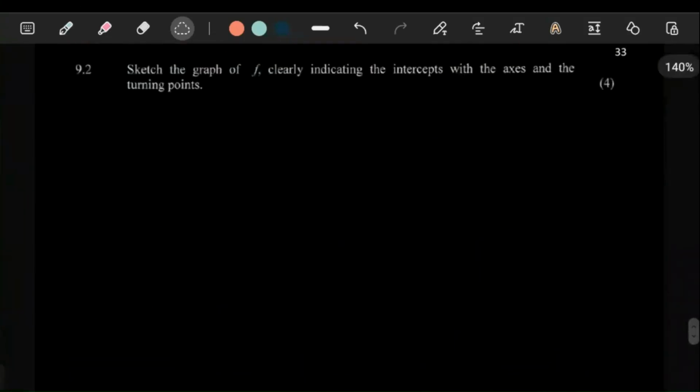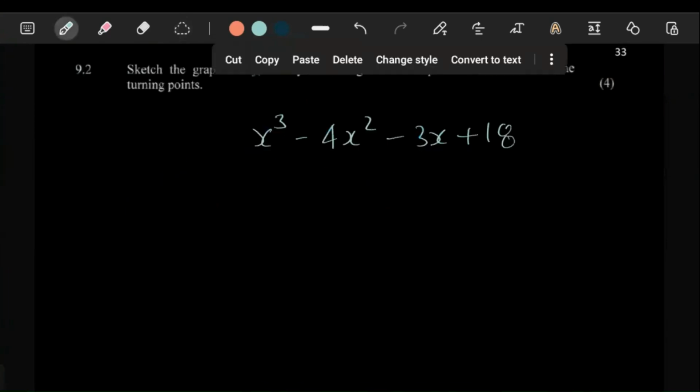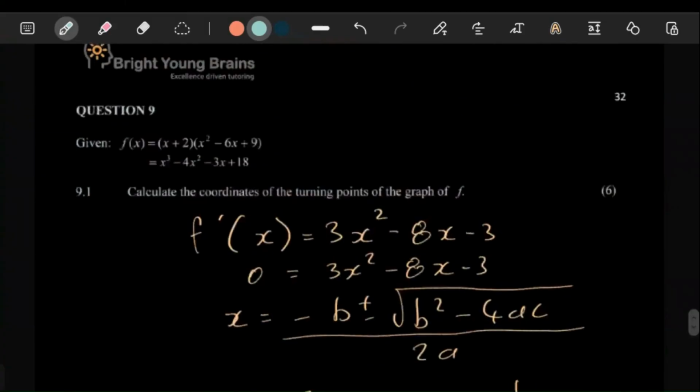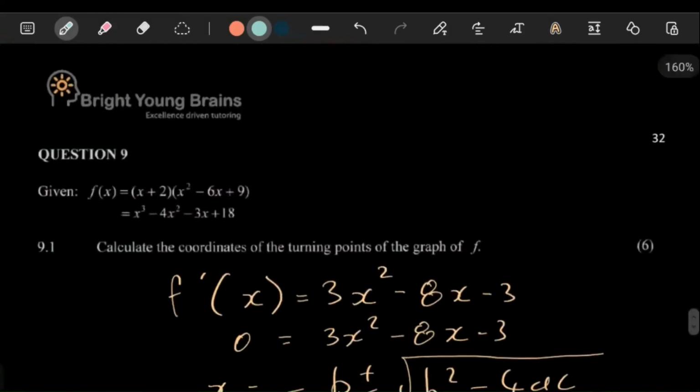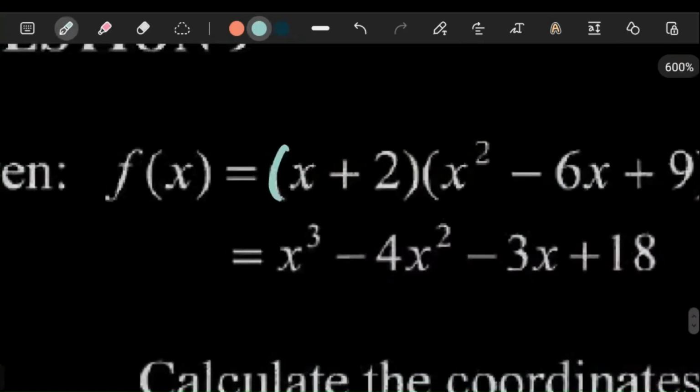So the big idea is the following. To get the x-intercepts, fortunately they've already given us this factorized expression, so it makes our lives a bit easier. Thank goodness.